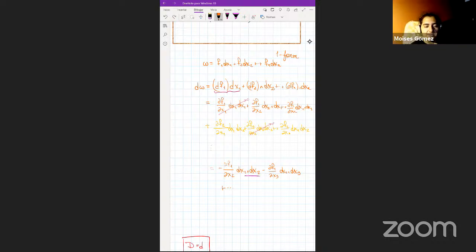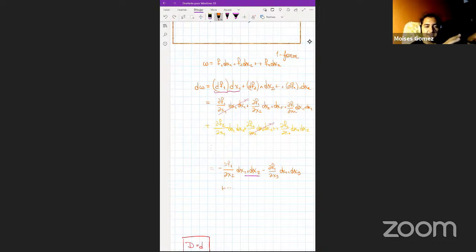When written in matrix form, that gives an antisymmetric matrix. Again, please, Moises. Yeah, well, what I'm thinking is that since the Lie derivative is a derivative, then it has to associate a matrix.